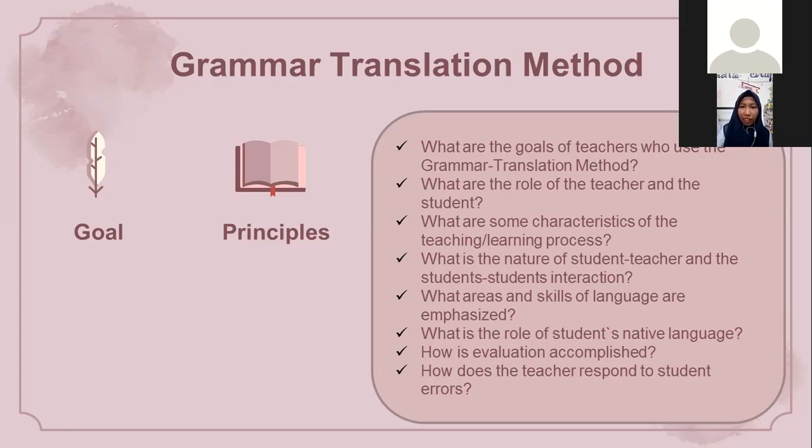And then the characteristics of the teaching and learning process of the grammar translation method. Some characteristics are that the students are taught to translate from one language into another language, and the teacher gives the students new grammatical rules, and then the students have to memorize them and make their own examples using the new grammatical rules.